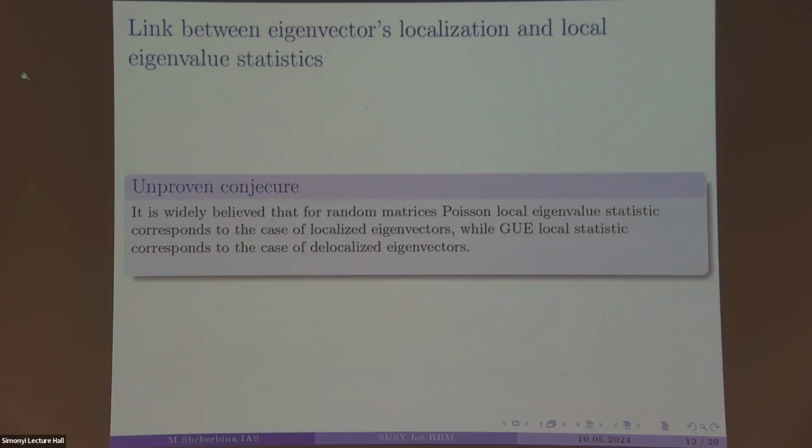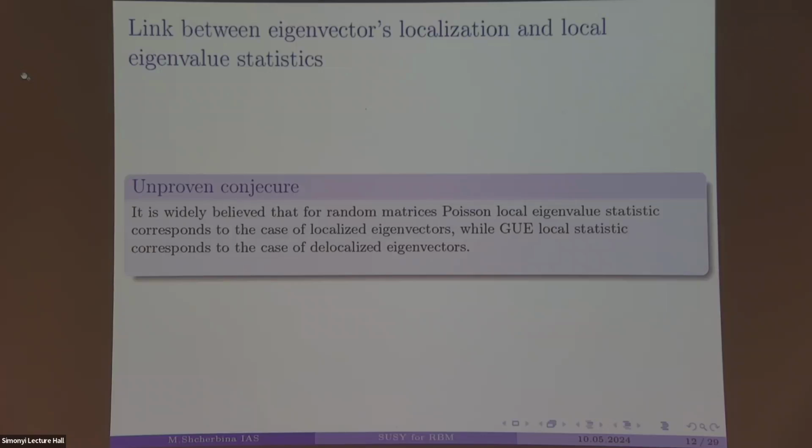And why do I describe this? Because I will speak about GUE and Poisson statistics, and people believe that there is a link: localization goes with Poisson statistics, and delocalization goes with GUE statistics.